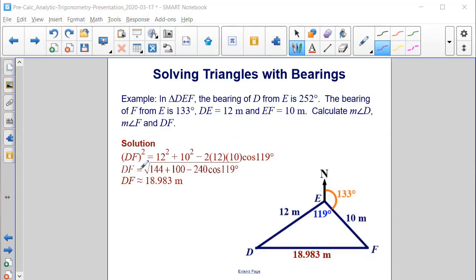And the work here basically verifies the solution that we found for the length of DF. It's 18.983 meters.